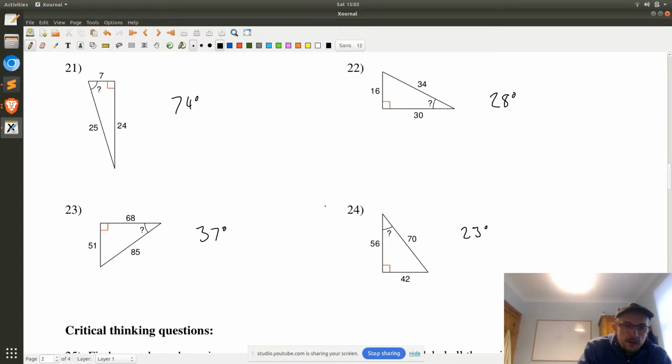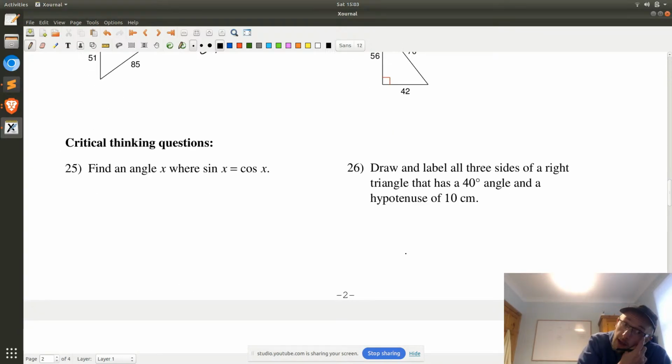23, and that's fine. Find an angle x where sine of x is equal to cosine of x. Clearly, that's 45 degrees. Draw and label all three sides of a right triangle that has a 40-degree angle and a hypotenuse of 10 centimeters. Something a little bit like that. Not to scale.